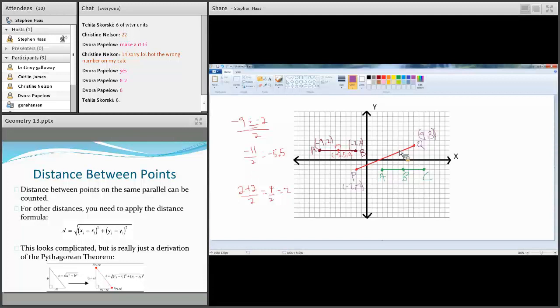So the base over here is the difference between the x values, which is the same thing as the second x minus the first x. The next leg, the 8 leg over here, that's the difference between the y values, which is the same thing as y2 minus y1.